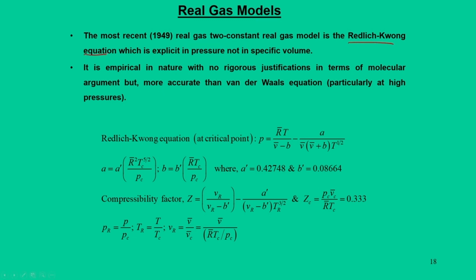This equation is explicit in pressure, not in specific volume. While framing the van der Waals equation, necessary justification was done in terms of volume and in terms of force.